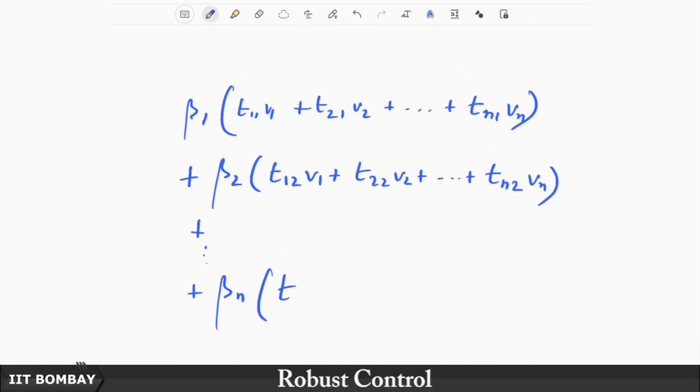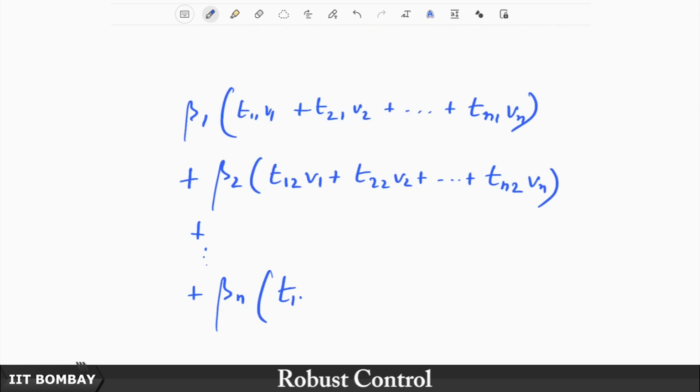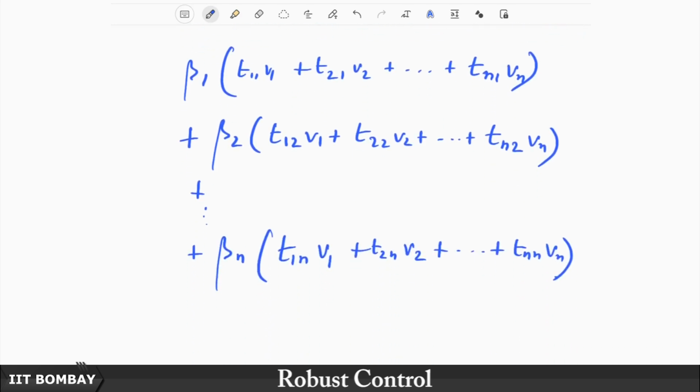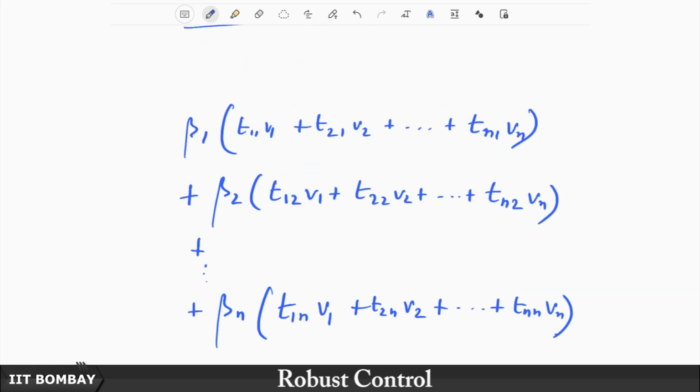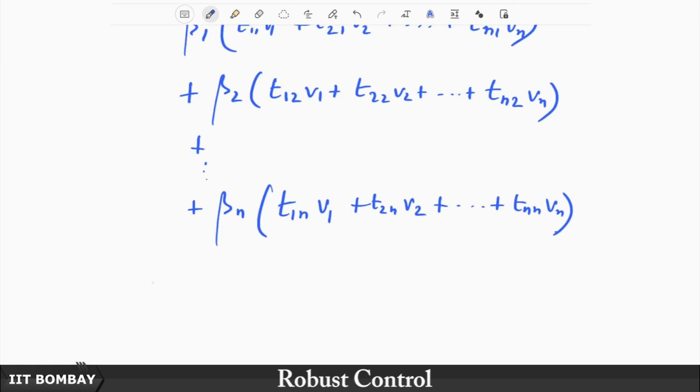So, it is going to be T1n V1 plus T2n V2 plus dot dot dot till Tnn Vn. And what are these? This is nothing but the same thing: alpha 1 V1 plus alpha 2 V2 plus dot dot dot till alpha n Vn.